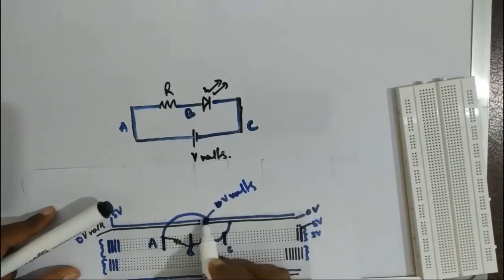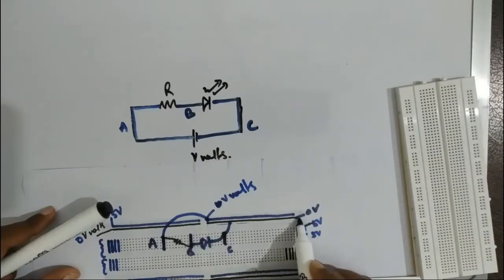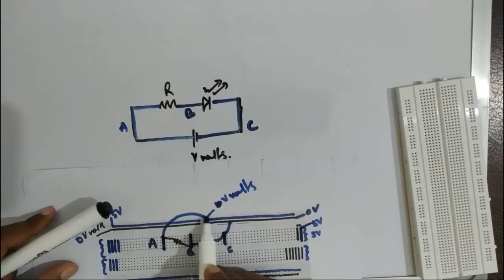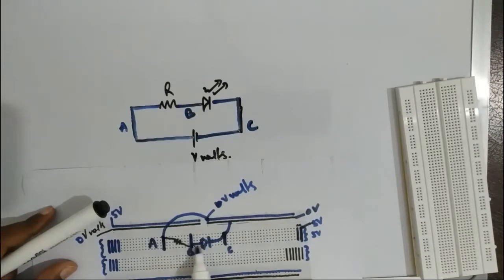All these ports are at V volt, all these ports from here to here are at 0 volt, and you have connected V volt to one end of the resistor, and the other end of the resistor is connected to the LED by inserting it in any of these vertical points.